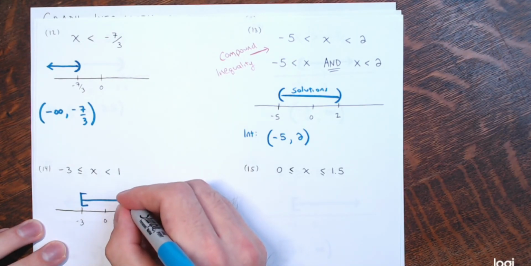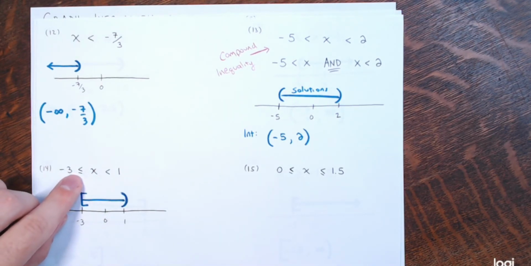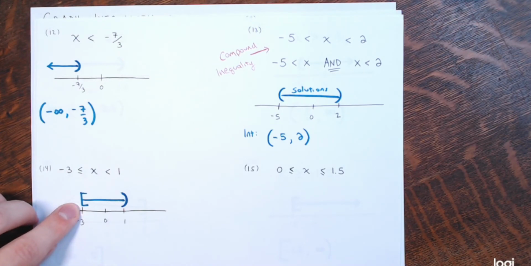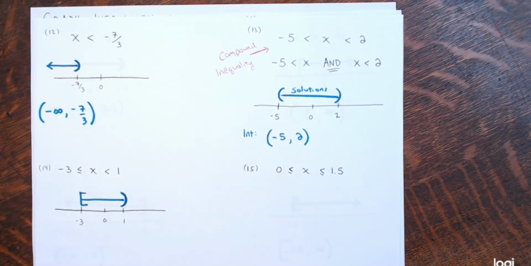And you may have guessed this by now, but when you see less than or equal to or greater than or equal to symbols, you're getting brackets, rectangular brackets. When you see just less than or just greater than symbols, you're getting parentheses. Like I said, you probably have noticed this already.